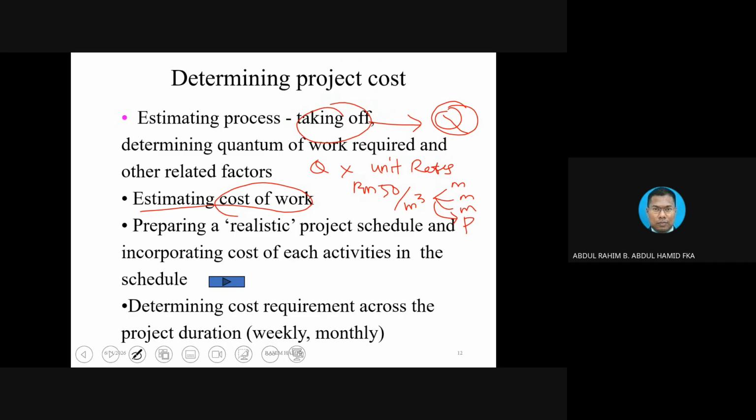At the end of the day, you are going to get the amount for one particular activity. When you add up all those activities together in a bill of quantities, then you are going to have the amount according to section, and then you add another section, you get the total amount. When you get the total amount plus all the preliminary items, then it becomes the total cost.